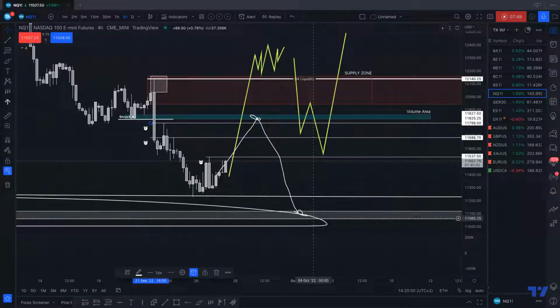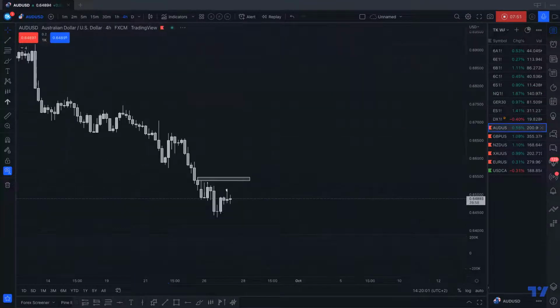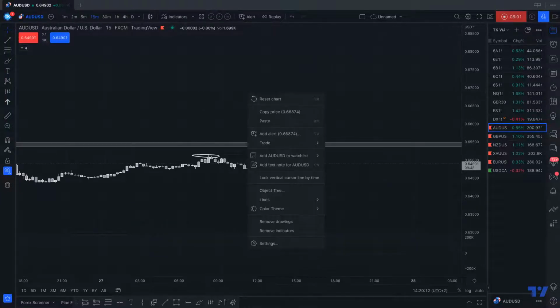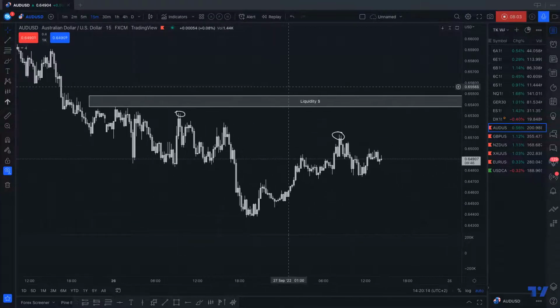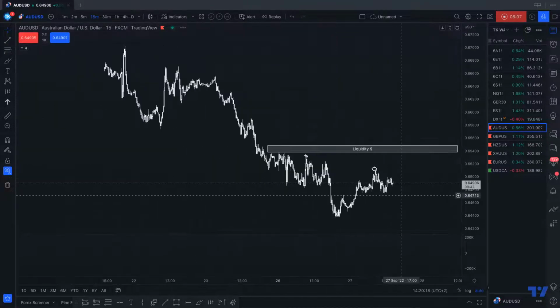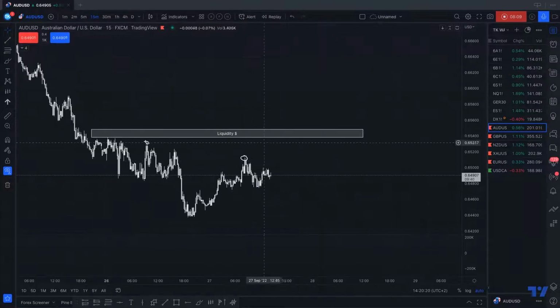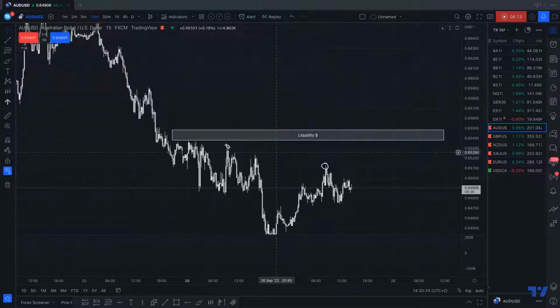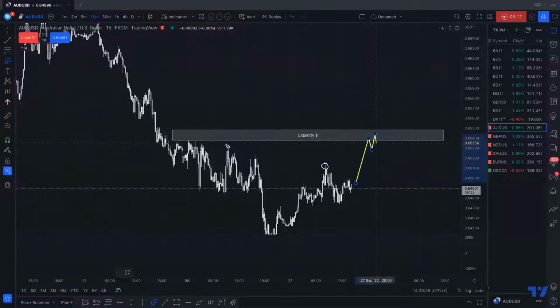Okay, so let's move on to the dollar. So we want to buy dollar, so EUR/USD is short. This is the zone in which I expect the price to reach, to align with the main trend for the first time.